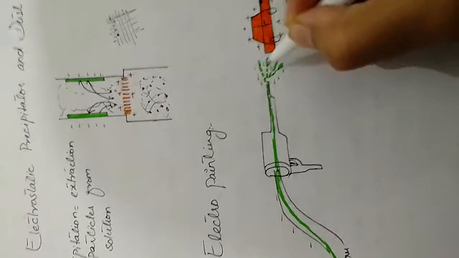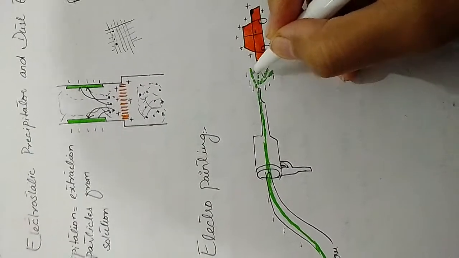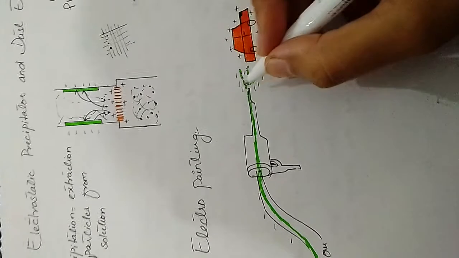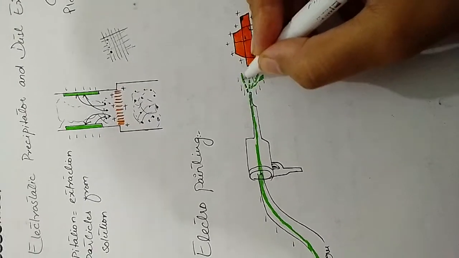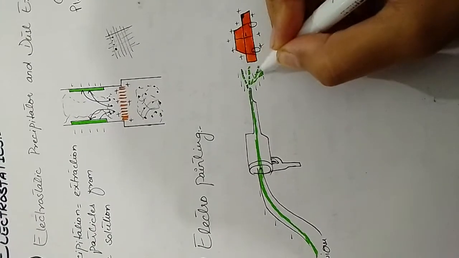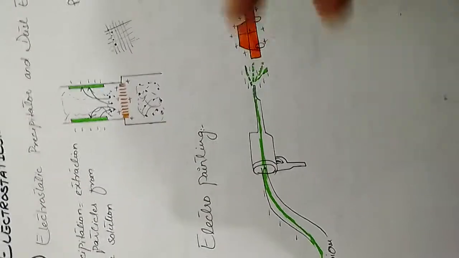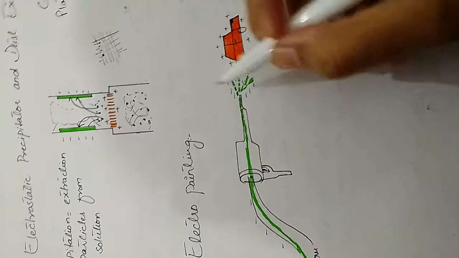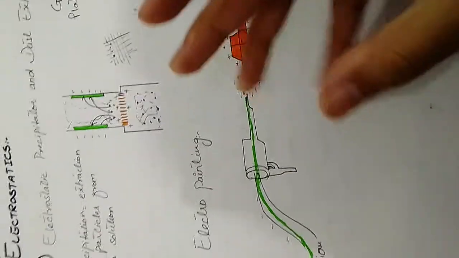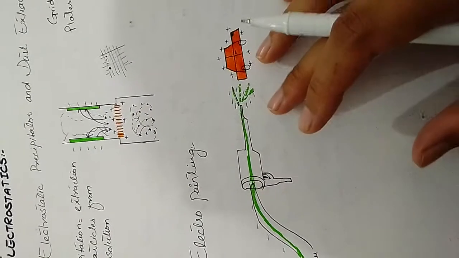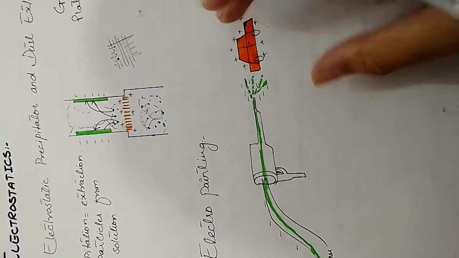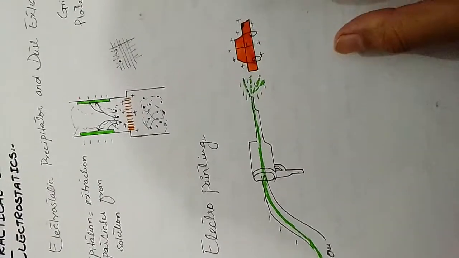After passing out of the nozzle, you can see this green spray has a negative charge. All the particles in the spray have a negative charge, so they will repel each other. First of all, they repel each other so that we won't have lumps in the paint, and we will have an even amount of paint throughout the body.